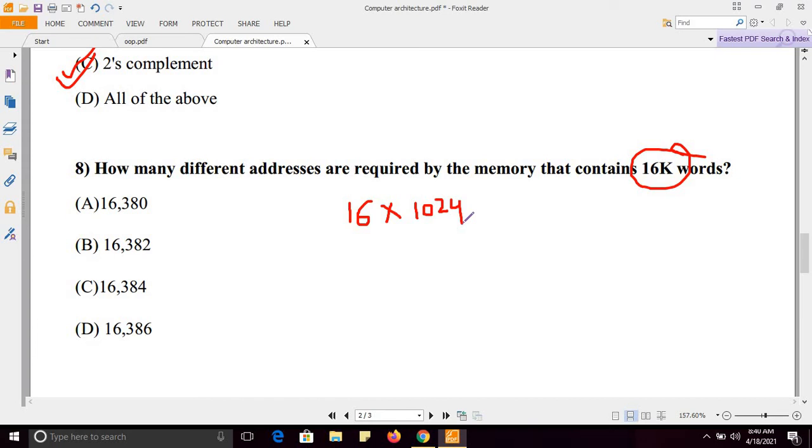So 16 into 1024, if we calculate it, is 16384. So right answer is option C.